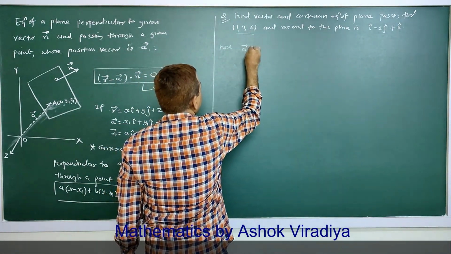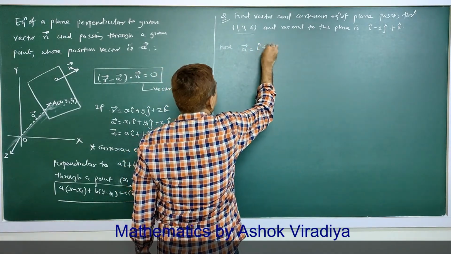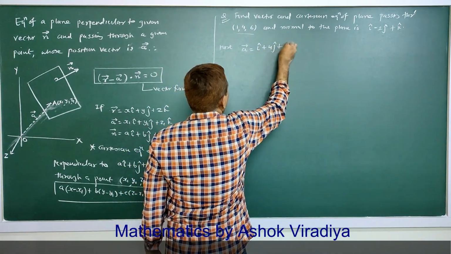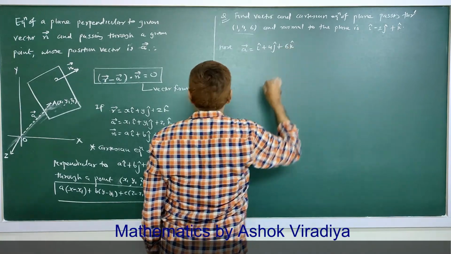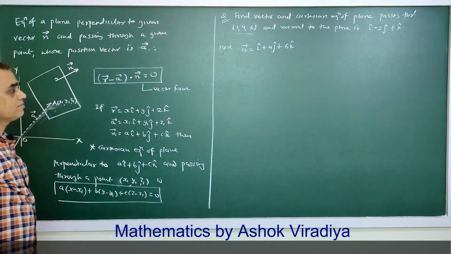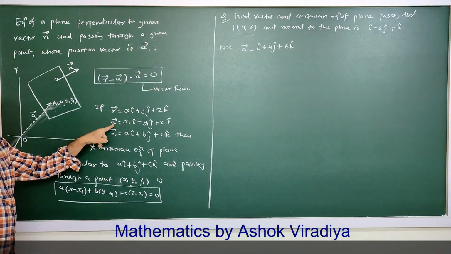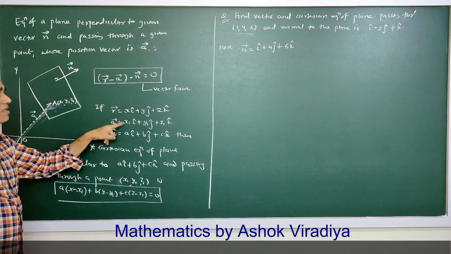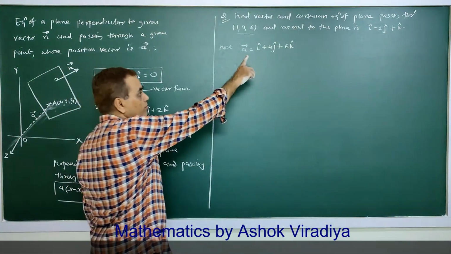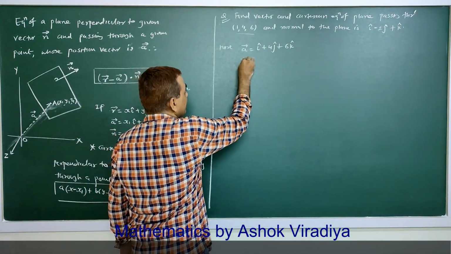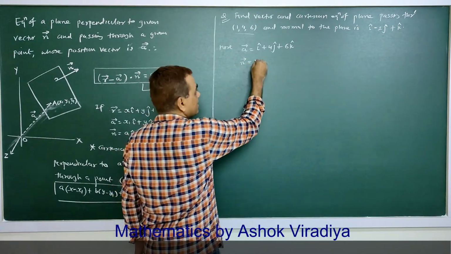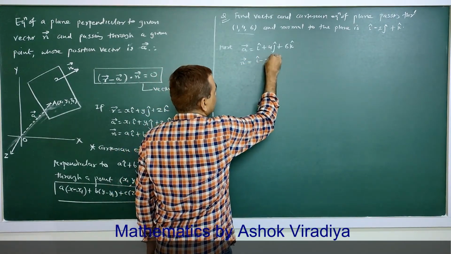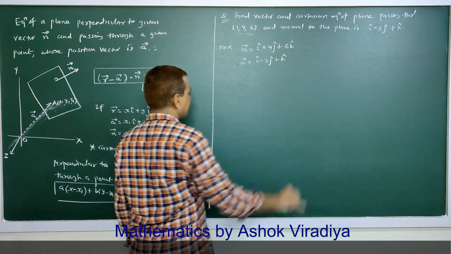So vector A is 1i plus 4j plus 6k. This will be position vector of that point through which plane is passing. Then normal to the plane, that is vector n, is i minus 2j plus k.